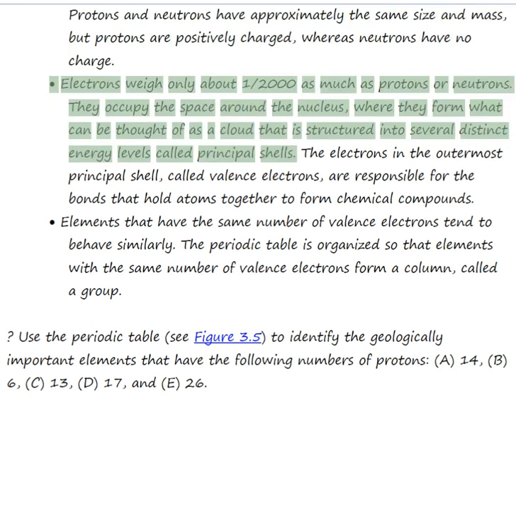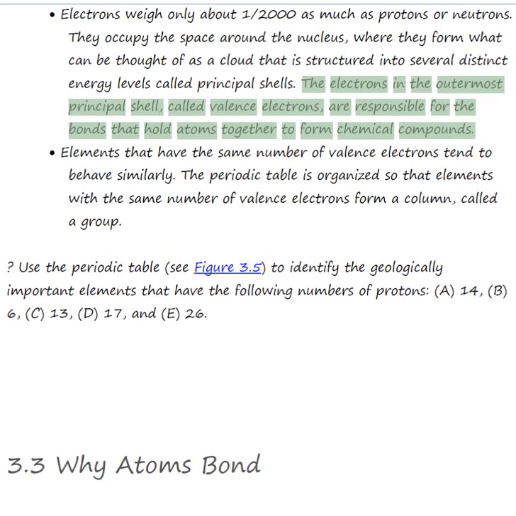Electrons weigh only about 1/2000 as much as protons or neutrons. They occupy the space around the nucleus, where they form what can be thought of as a cloud that is structured into several distinct energy levels called principal shells. The electrons in the outermost principal shell, called valence electrons, are responsible for the bonds that hold atoms together to form chemical compounds.